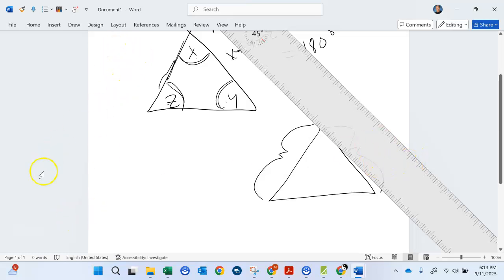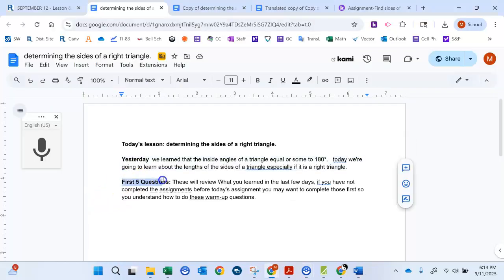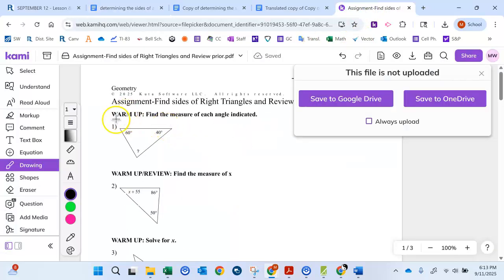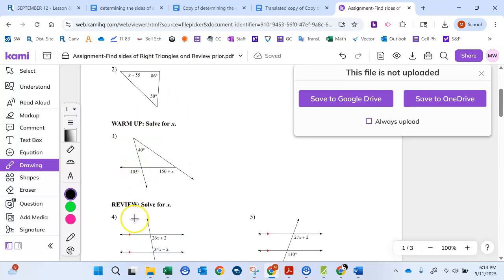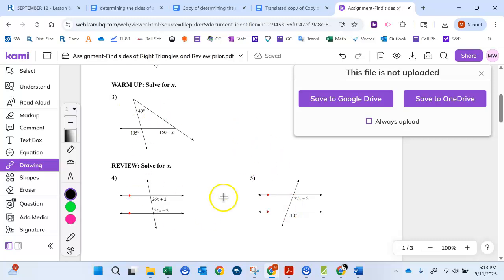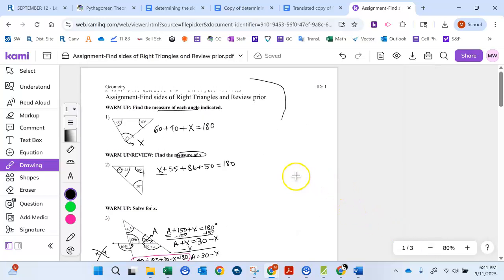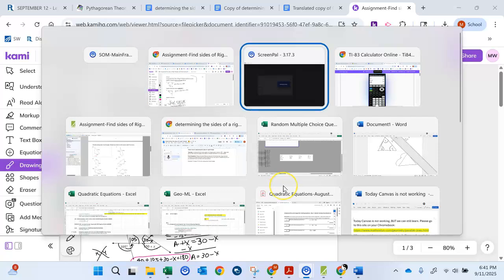But first, the first 5 questions are a review of what you learned. Let's go to the lesson; questions 1 through 5 are warm-up or review. We did these 5 before, so try them. I don't want to show you that; I want to let you try questions 1 through 5.